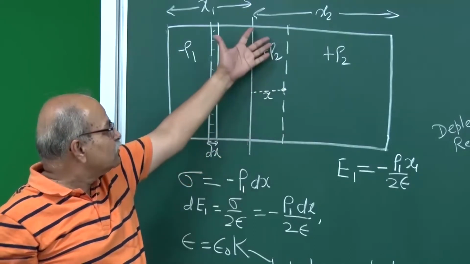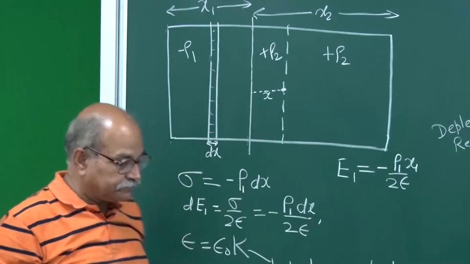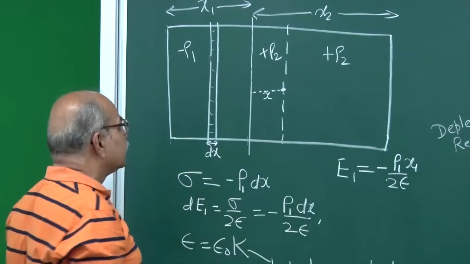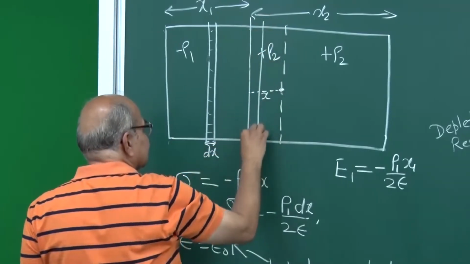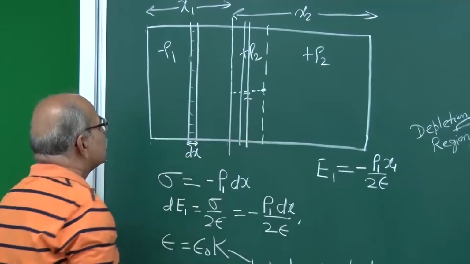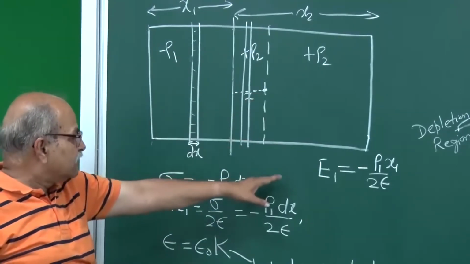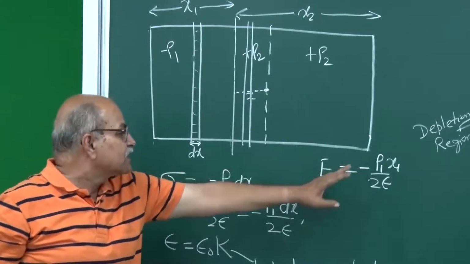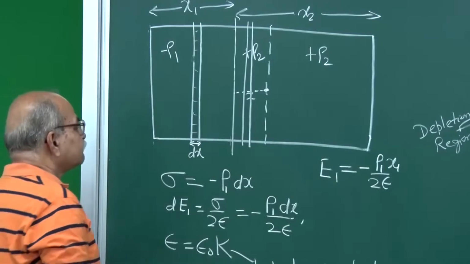Once again you can do a similar analysis, and here you can take a small dx. By the way, this was negative charge, so the electric field that we calculated has the minus sign, and it is towards the left.